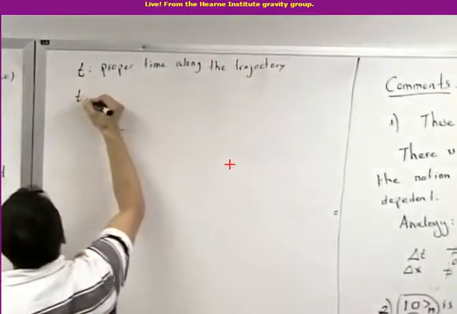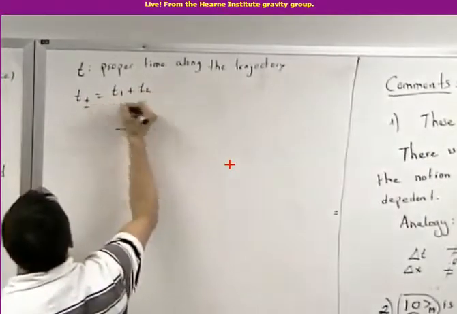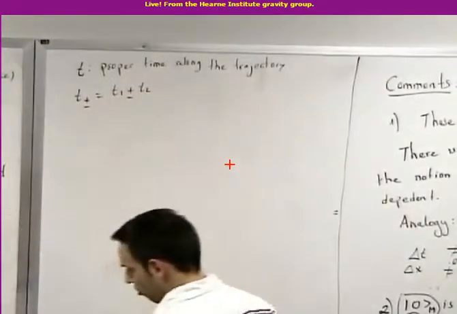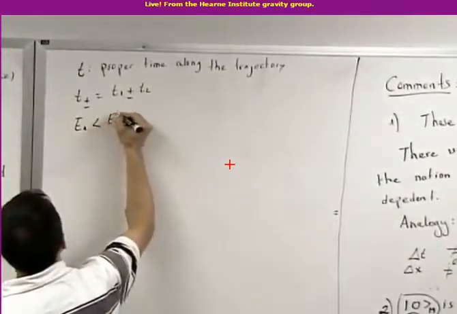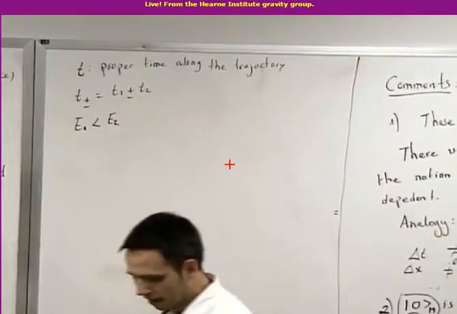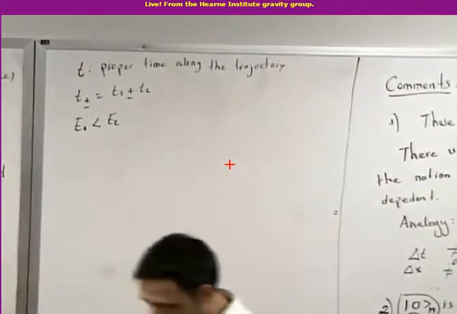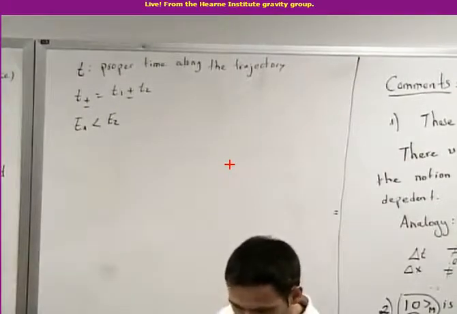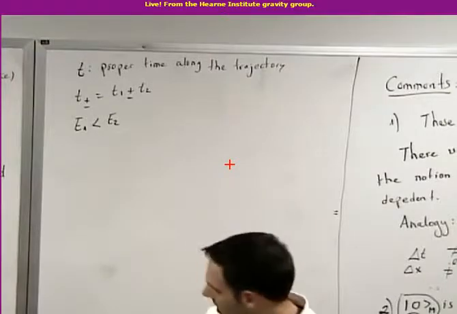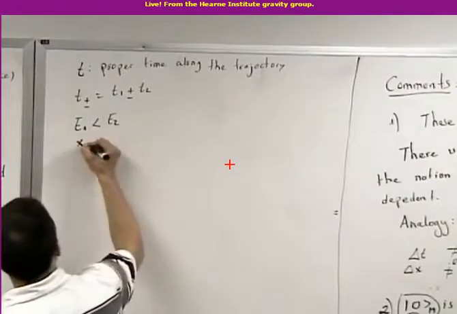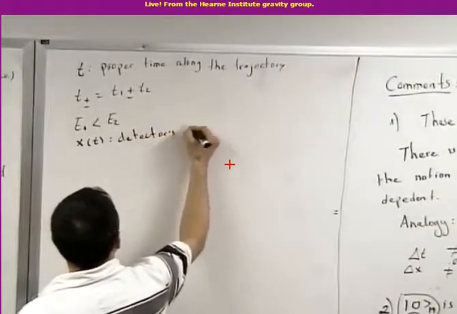T plus was t1 plus t2, t minus t1 minus t2, and the state E2 is the excited, and the state E1 of the detector, these are energies of the detector, this is the ground state. And x of t is the detector trajectory.